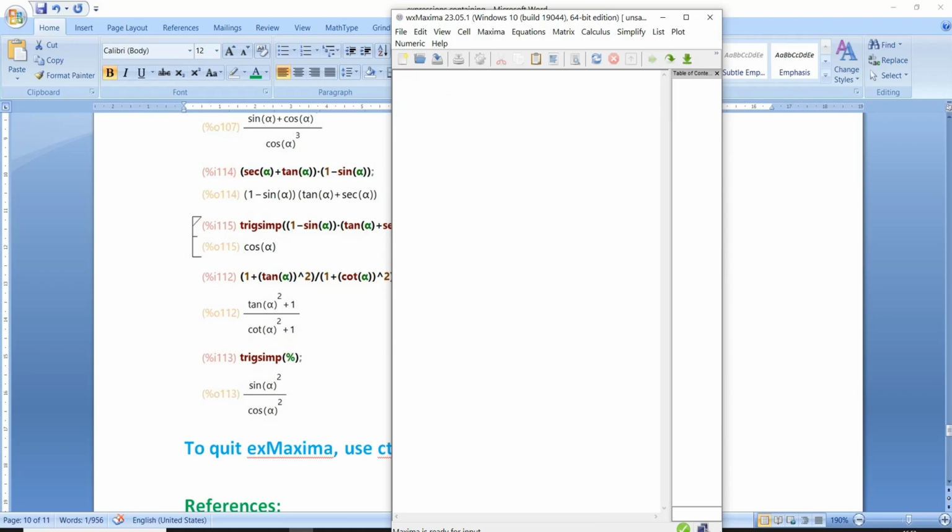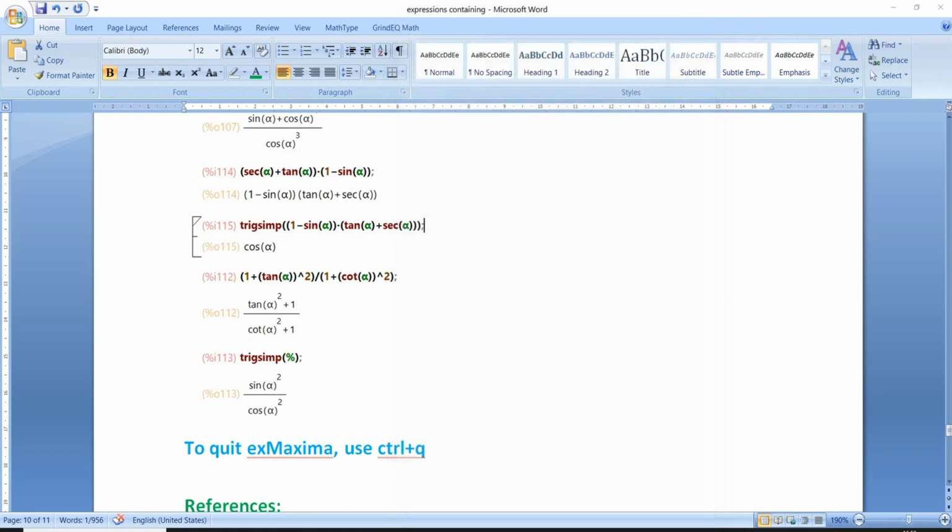First I delete all the commands, make wxMaxima blank. Now I press control followed by q. You see wxMaxima has closed down. Okay, I have quit wxMaxima by pressing control followed by q button.